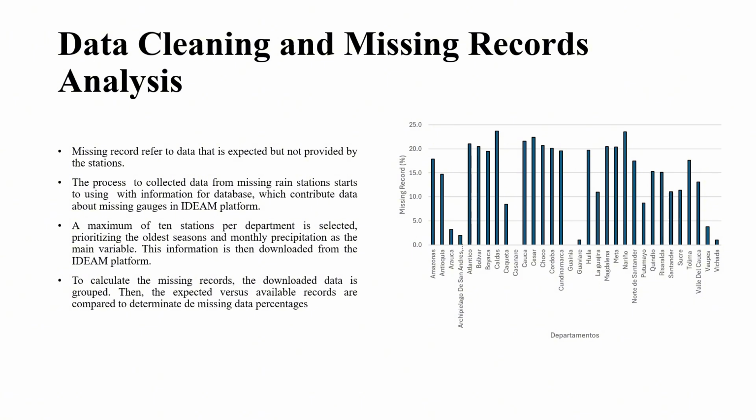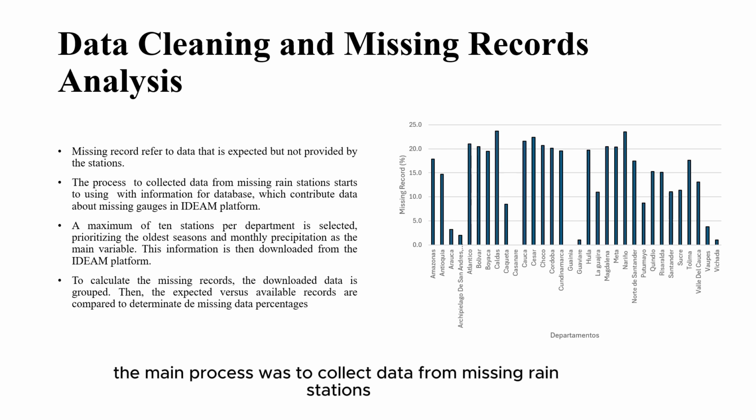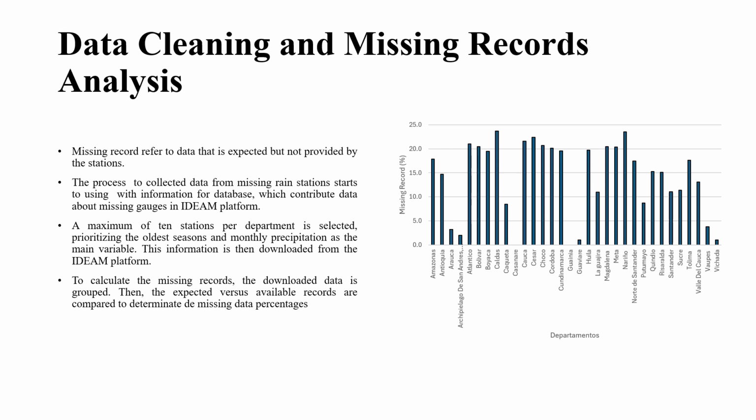The main process was to collect data from the rain stations with missing data and use that information for a database. The database contains folders organized per department, with characteristics like the precipitation variable per department, and these contribute data about missing gauges on a platform.